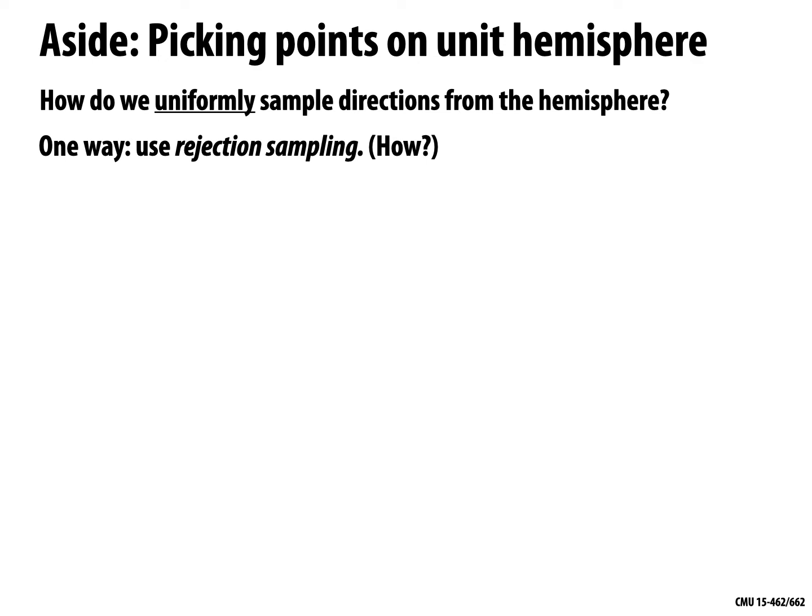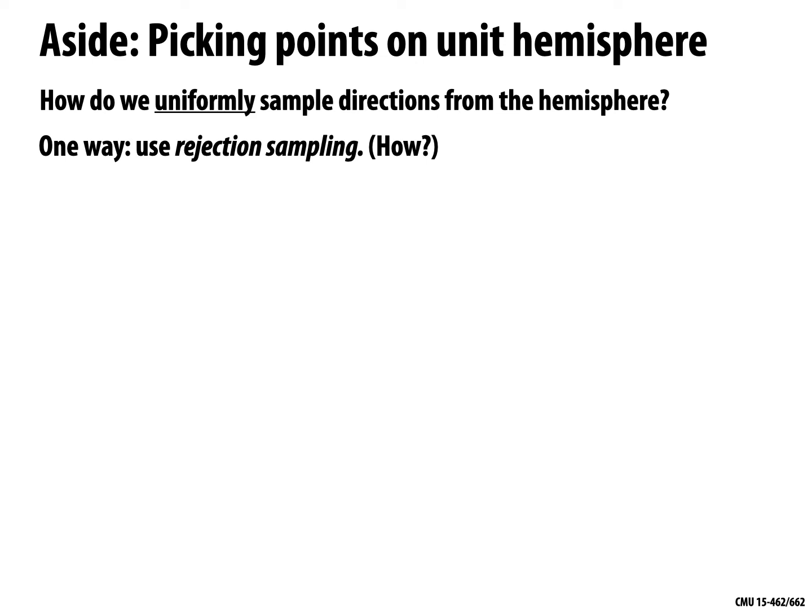This is a good general problem-solving strategy. If you don't know how to solve a problem, try to solve an easier one and see if that can help you get to your original problem. Okay? So let's say instead I wanted to sample points uniformly from the unit ball. So the solid ball, all the points of magnitude less than or equal to 1 in three-dimensional space.